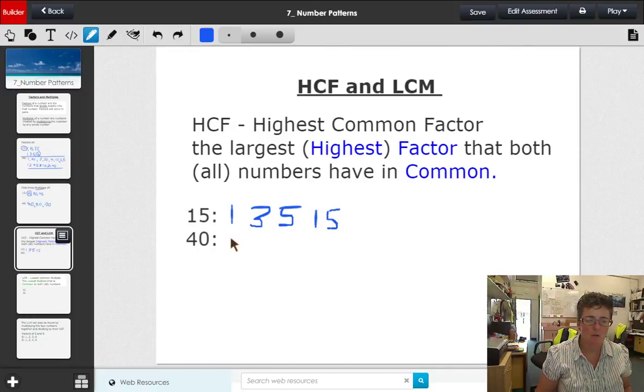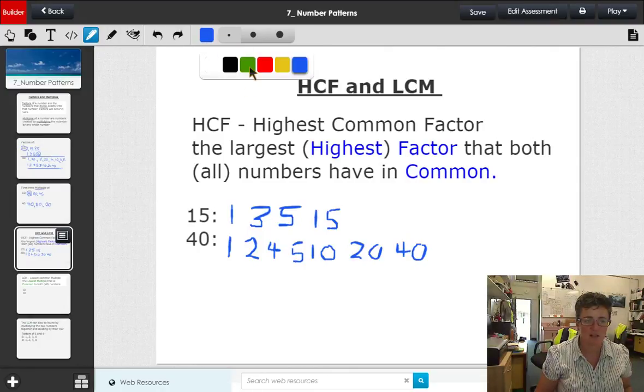And the factors of 40 are 1, 2, 4, 5, 10, 20, and 40. Okay, so we already worked those out in the last lesson. If you can't remember that, you'll need to go back and check the video from the last lesson.